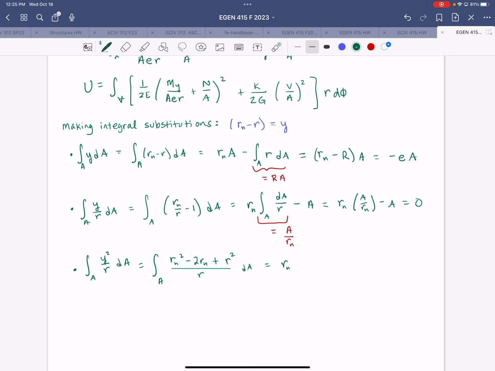So that's Rn squared times the integral over the area of dA over r, minus 2Rn a, plus the integral over the area of r dA.